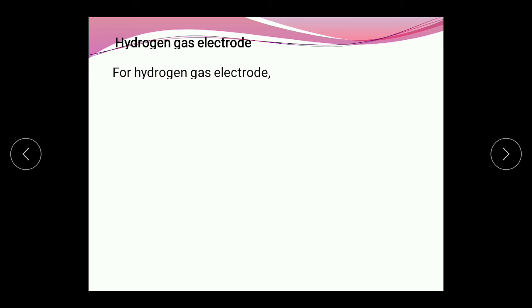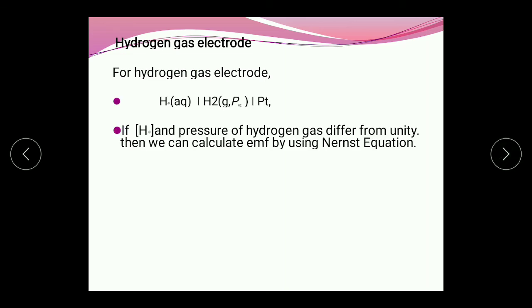That we will see. Suppose for the hydrogen gas electrode, our SHE, the concentration of H+ ions is not maintained at 1 molar and the pressure of the hydrogen gas is not maintained at 1 atmosphere, that means it differs from unity. Then also we can calculate the EMF of the cell by using the Nernst equation.